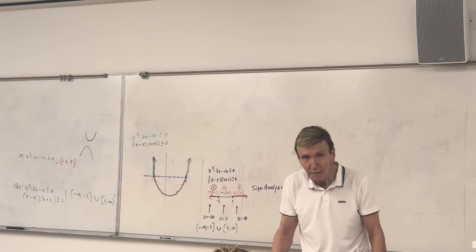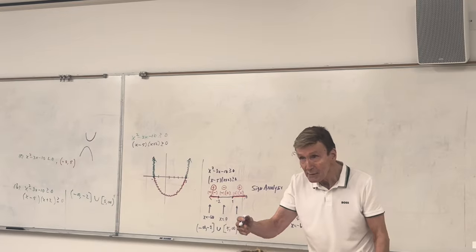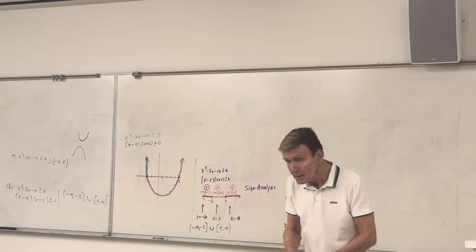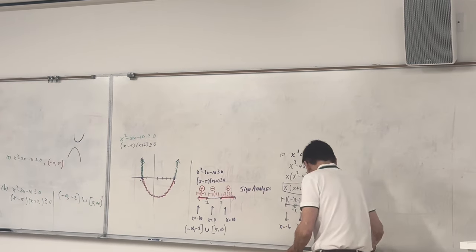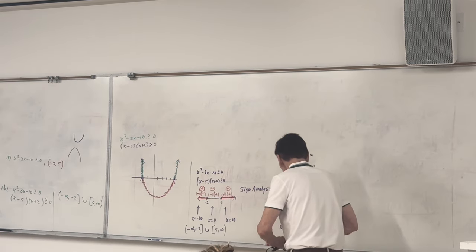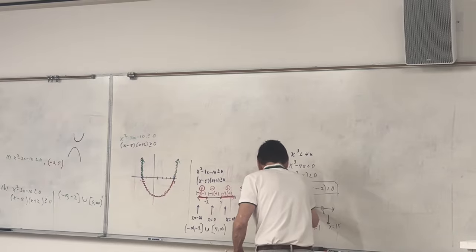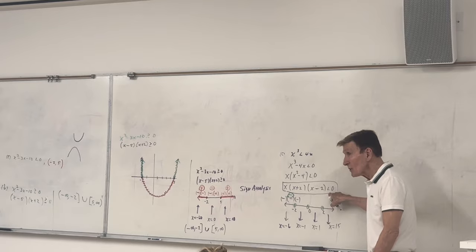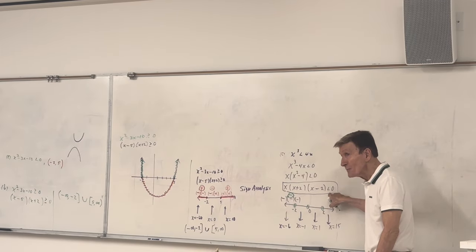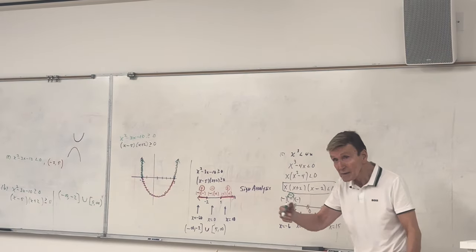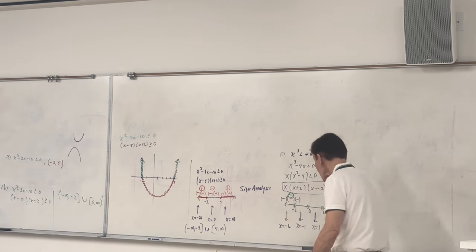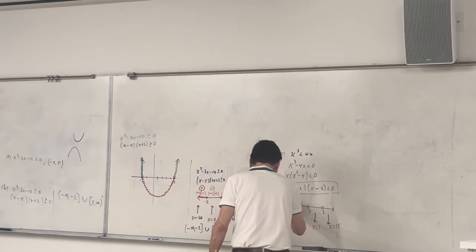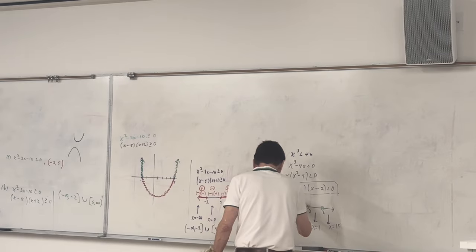Now what's a negative times a negative times a negative going to give you all together? Negative. Does less than 0 imply that's what I want? If I say something's less than 0, are we talking about something negative? Yeah, so this works. I may shade this, and that's part of the answer.